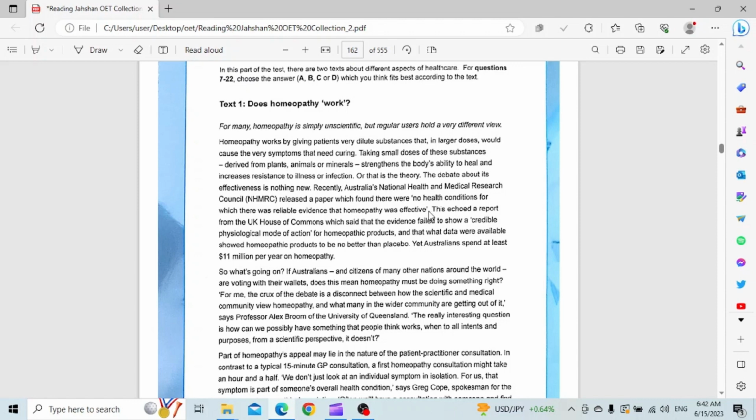Okay, so they are debating that it has no effect. This followed a report from the UK House of Commons which said that the evidence failed to show a credible physiological mode of action for homeopathic products.